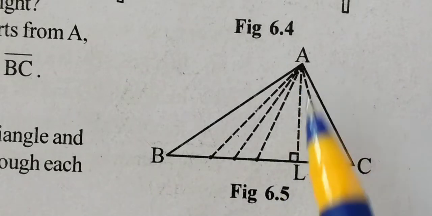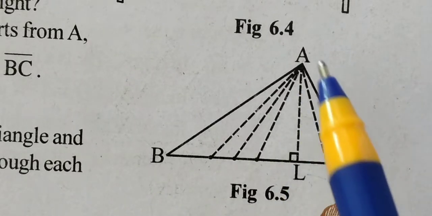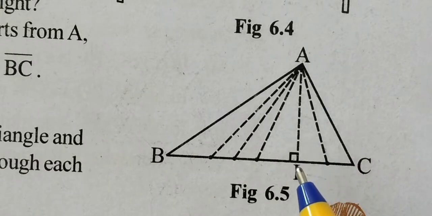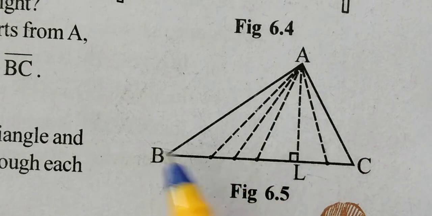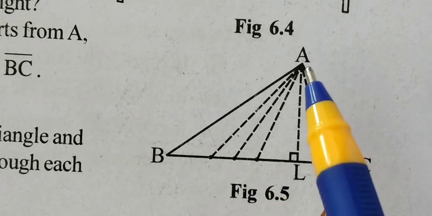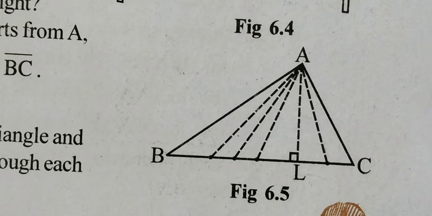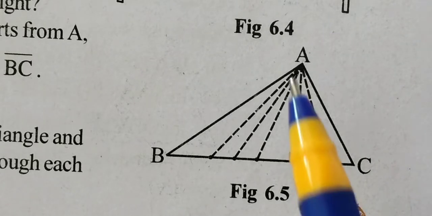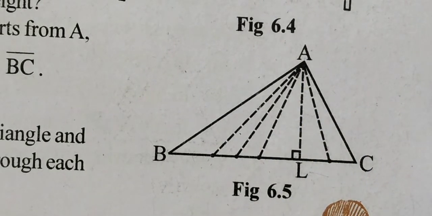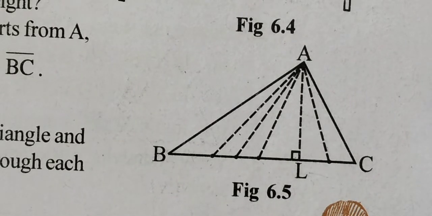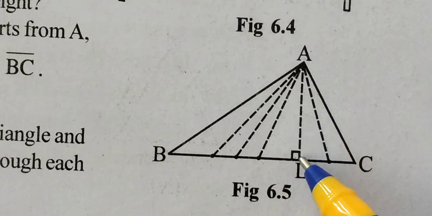Okay? AL is altitude because it is that line segment which is passing through the vertex and intersecting the side opposite to the vertex at 90 degrees. And so AL is considered to be altitude. If we talk about the altitude, then line segment AL is considered to be the height of the triangle.